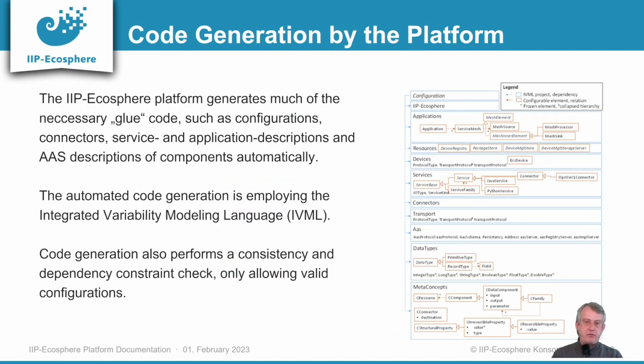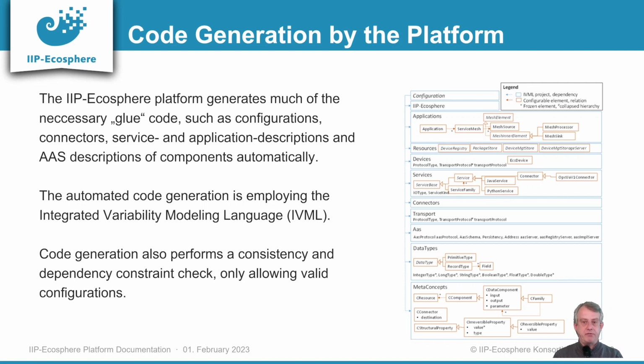The IIP-Ecosphere platform generates much of the necessary glue code, such as configurations, connectors, services, application descriptions, and AAS descriptions of components automatically from configuration files. This automated code generation employs the integrated variability modeling language, in short IVML, in which the platform, the services, and application configurations are described within the platform.